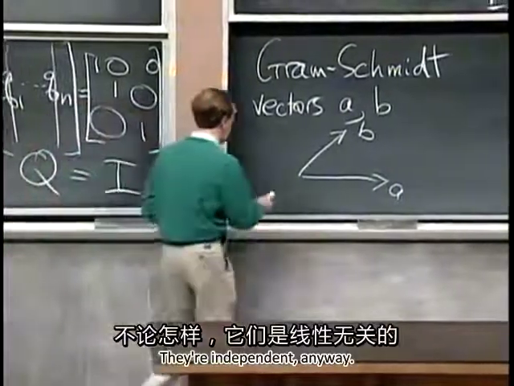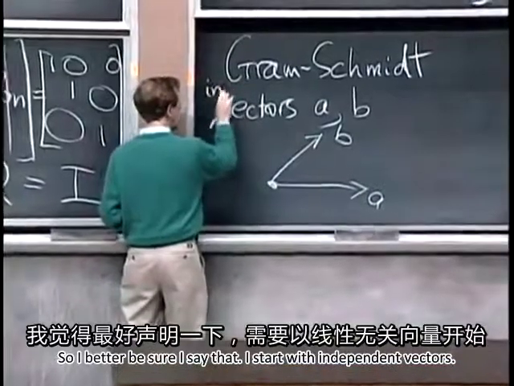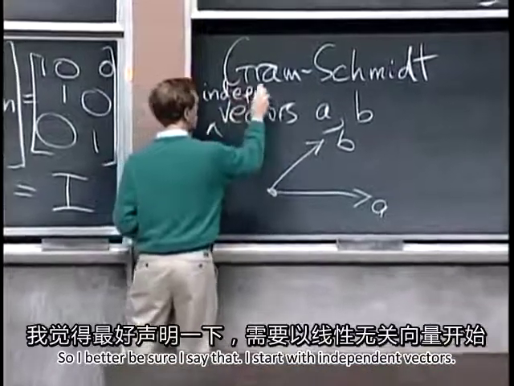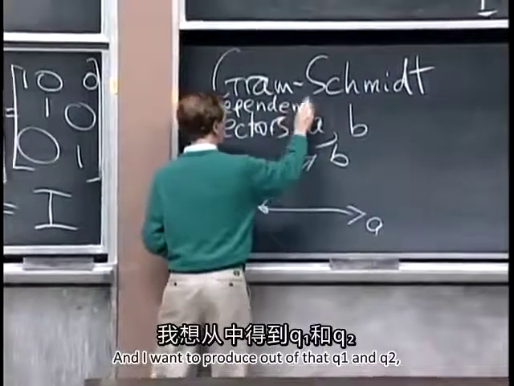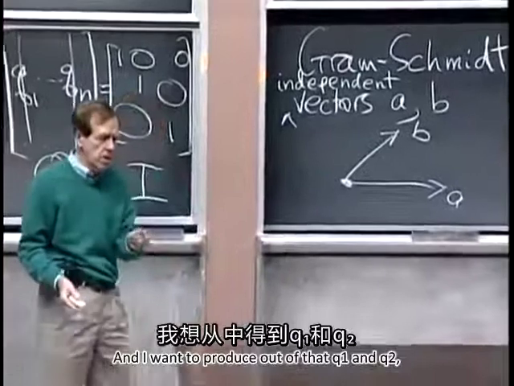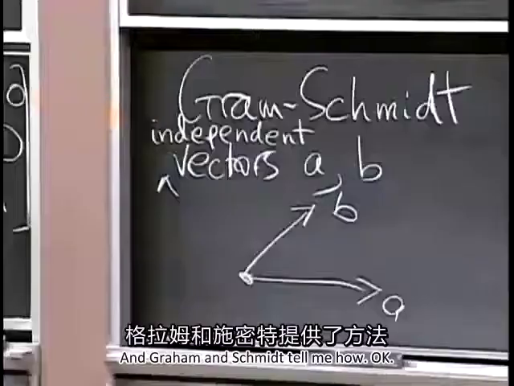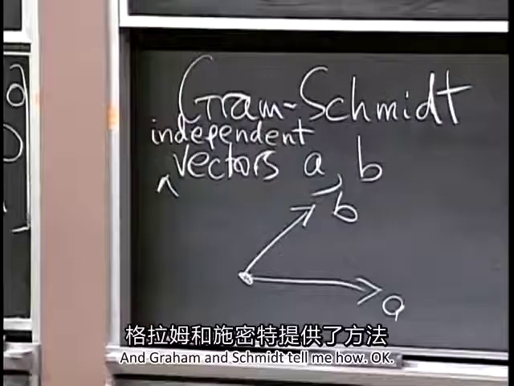They're independent anyway. So I better be sure I say that. I start with independent vectors, and I want to produce out of that Q1 and Q2. I want to produce orthonormal vectors. And Gram and Schmidt tell me how.